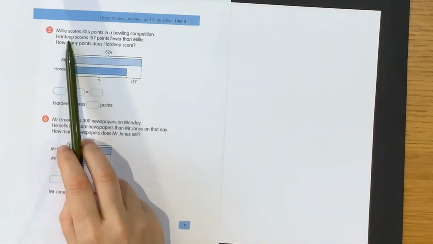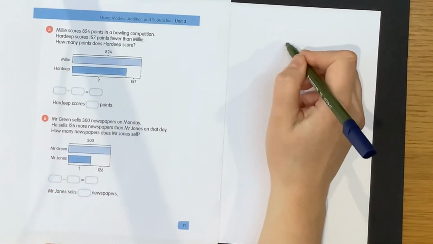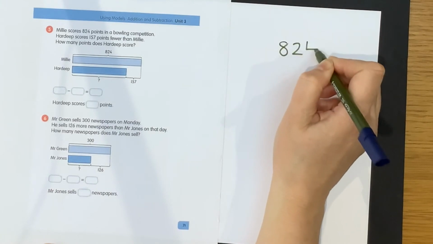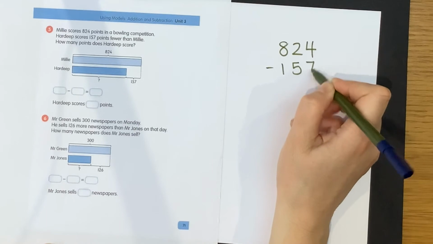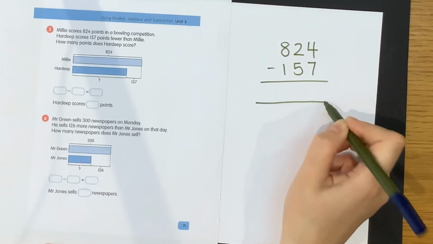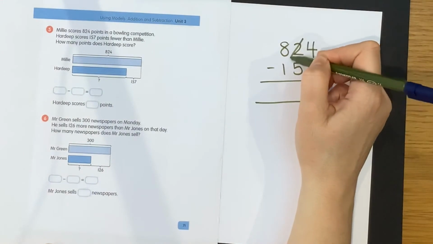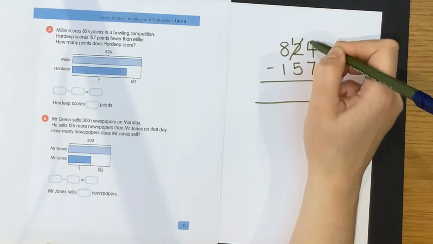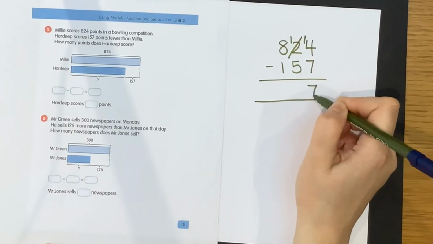Okay, because Hardeep scored fewer, we know we're going to have to do a takeaway. The number's going to get smaller. So we've got 824, which was Millie's points, and then we're going to take away 157, which is our difference. Okay, 4 ones take away 7 ones. I can't do that, so I'm going to regroup one of those tens into 10 ones. 14 take away 7 is 7.